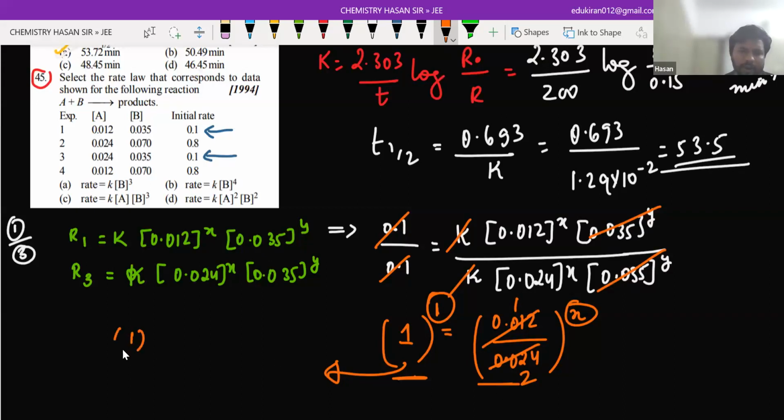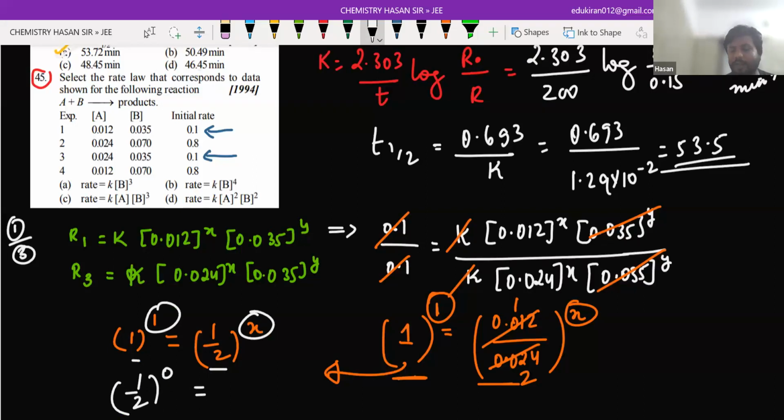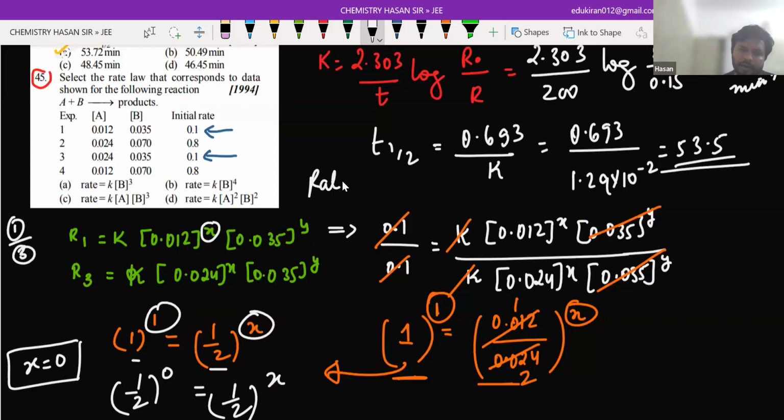So I can write 1 raised to the power 1 is equal to 1 by 2 raised to the power x. In order to calculate the value of x, the base should be equal. So I can write 1 by 2 raised to the power 0, which is equal to 1. Anything raised to the power 0 is equal to 1. So x will be equal to 0. That means the rate is equal to K into A raised to the power 0. We need to calculate the value of B. Are you getting my point?